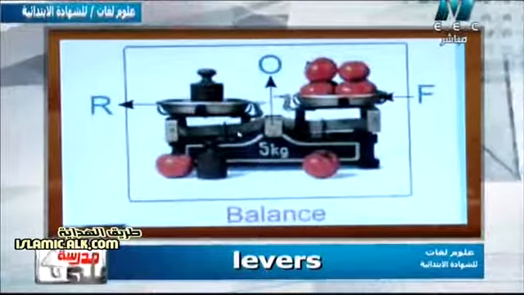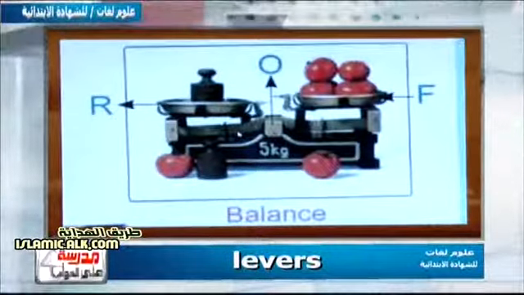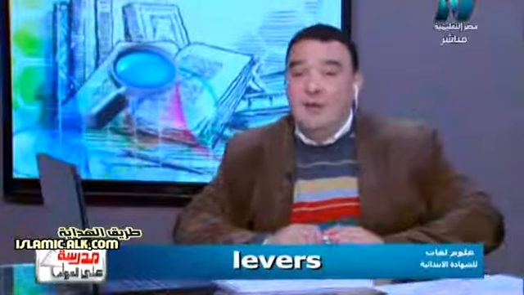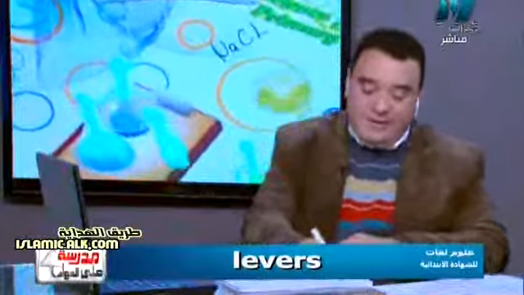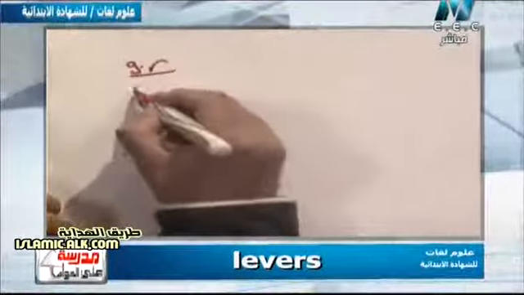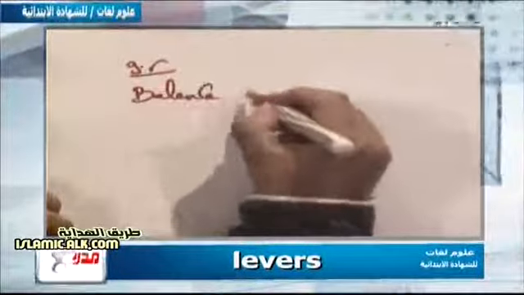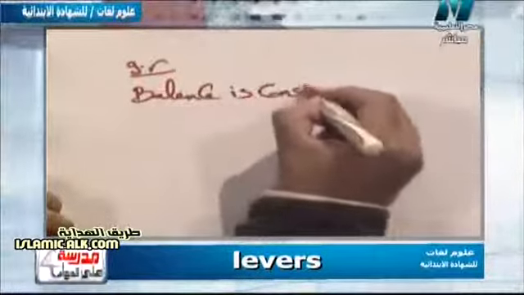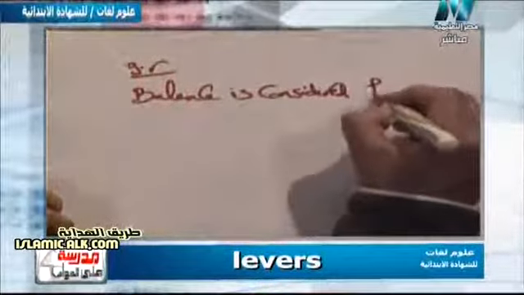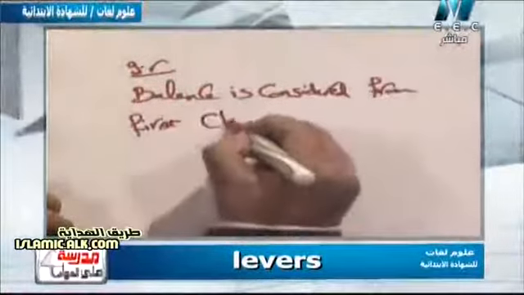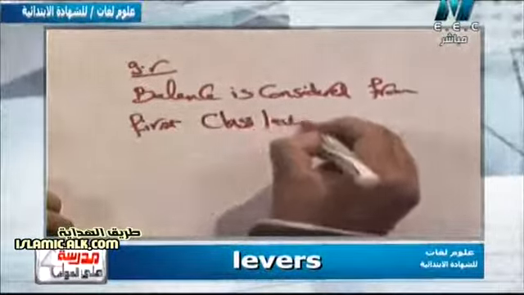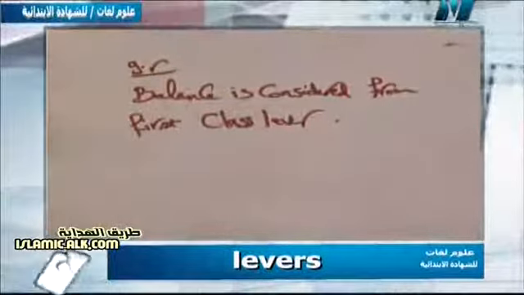So now I have a give reason in this point, a very important question. Why do I consider the balance a first class lever? Let us write this question. Give reason. Balance is considered a first class lever. Why do I consider the balance a first class lever?